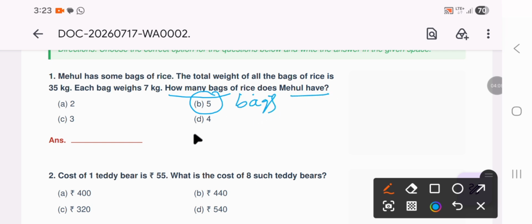So how many bags of rice does Mehul have? 5 bags, option B. Here Mehul has some bags of rice, but instead of rice we have taken the example of chocolates.